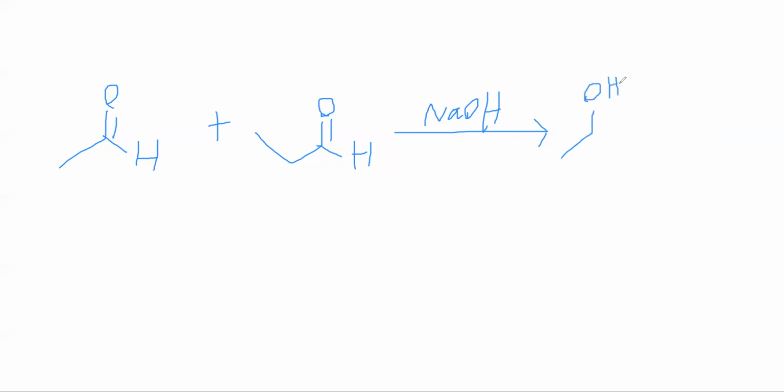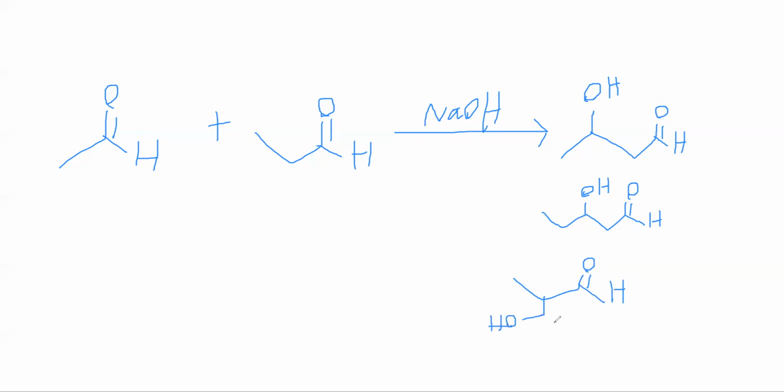I'm not going to explain where each of these comes from. I'm just going to draw them all. If you want to practice figuring out where each of these came from, like which one was the nucleophile and which one was the electrophile, that might be good practice. But for the sake of time, because it would take a while to explain each one, I'm just going to draw them. All of these should look like typical aldol products.